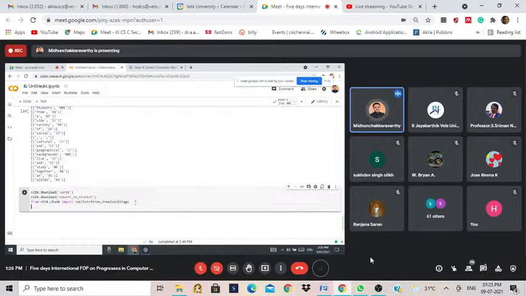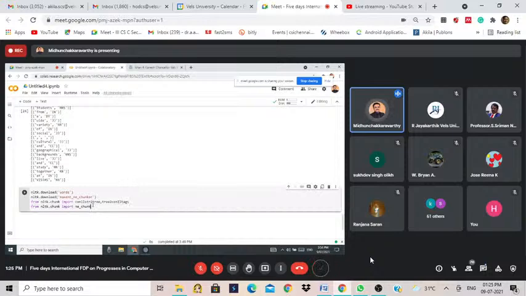With this, I'm going to use one more: from NLTK chunk, this time I just import NE chunk, so that I can use the named entity as well. I am going to show you the named entity.